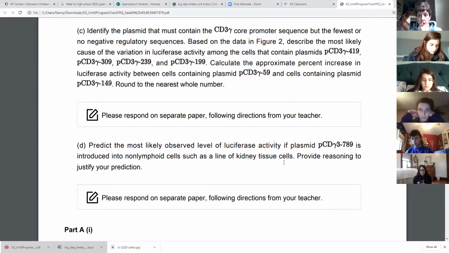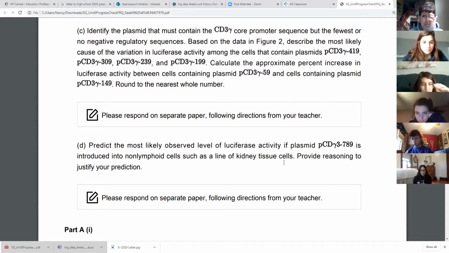All right, any ideas? I know my guess. If you put it into a different cell than a lymphocyte cell, wouldn't it just not be able to carry out its reaction or the glow?